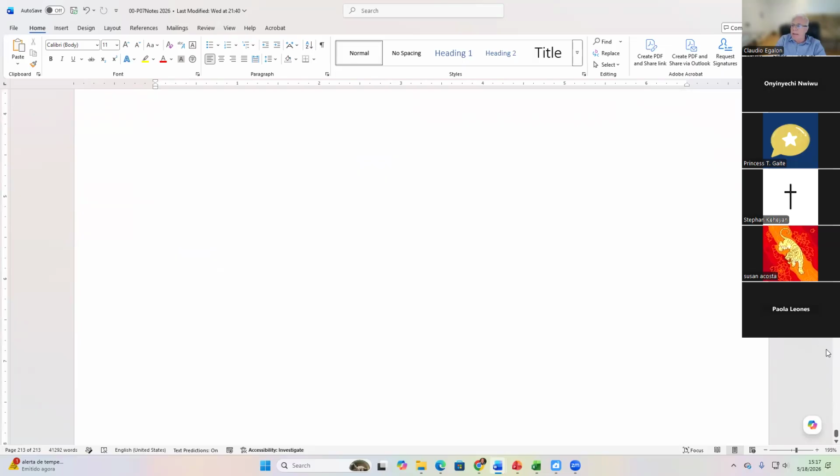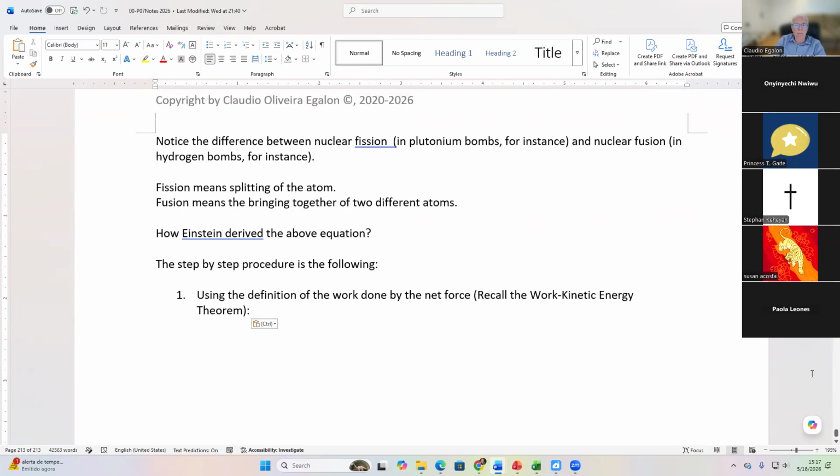Using the definition of work done by the net force, they call it the work kinetic energy theorem. Work done by the net force is the net force multiplied by delta x, which is the difference in kinetic energy: final kinetic energy minus initial kinetic energy.